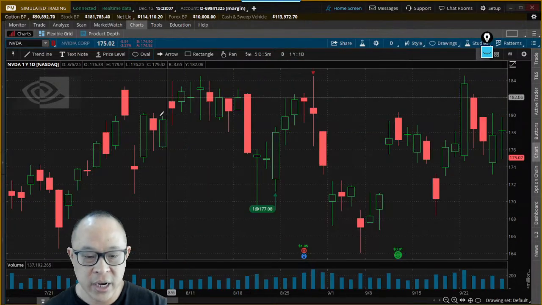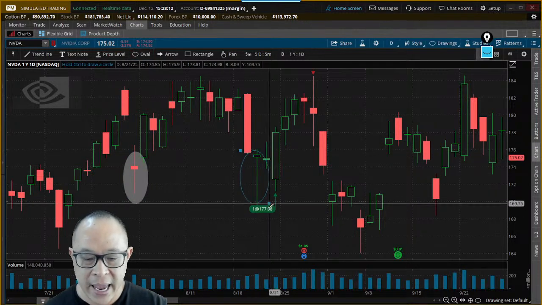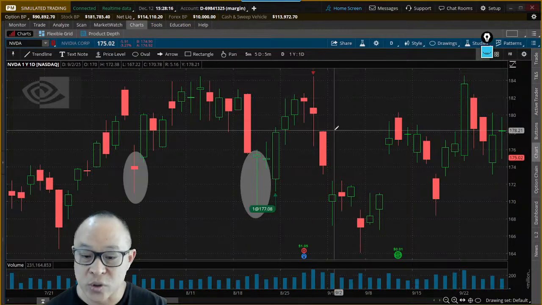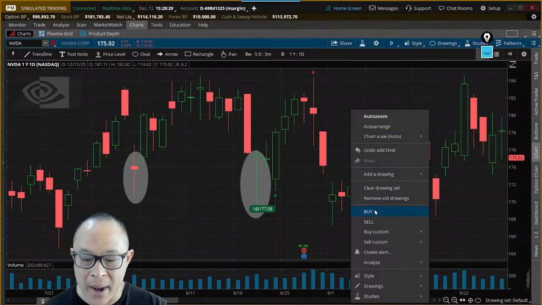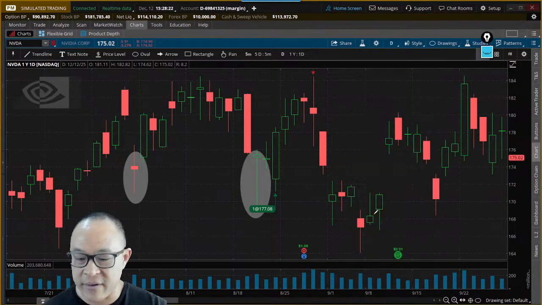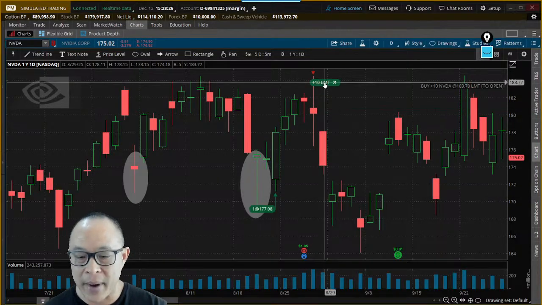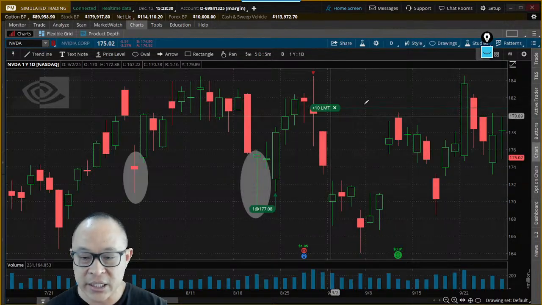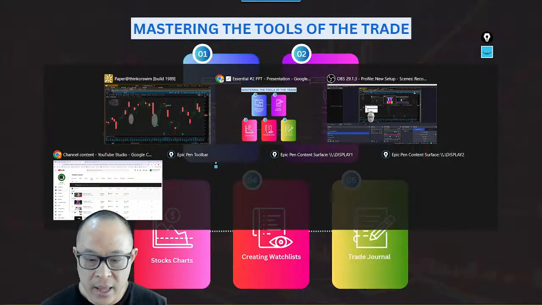If you want to click on, oh, I saw a doji candle, or I saw a big hammer candle, make sure you know how to highlight and draw on your charts, as well as, if you want to trade from your charts, you can even buy and sell from your charts. Say I want to buy this, I can put in an order, and there, I have an order to buy it, I can drag it, etc. So these are all things that you need to know when you're getting to know your trading platform.